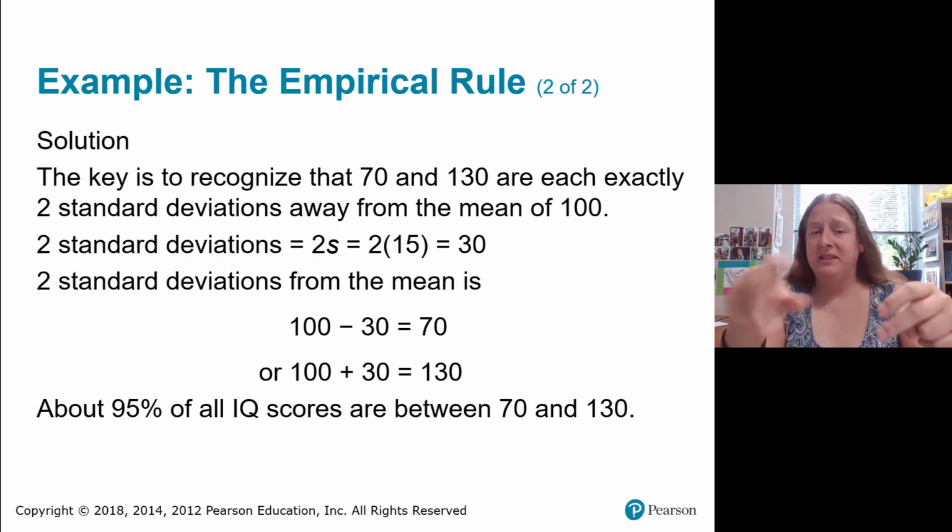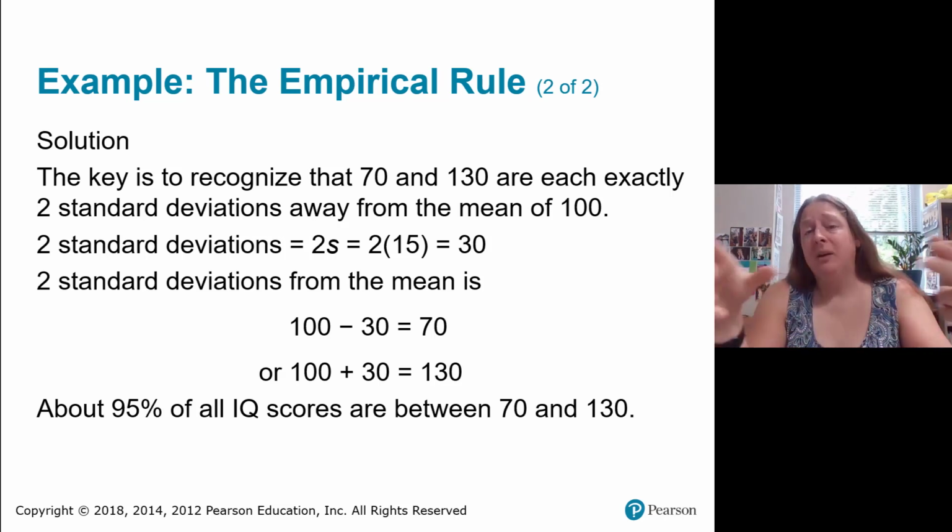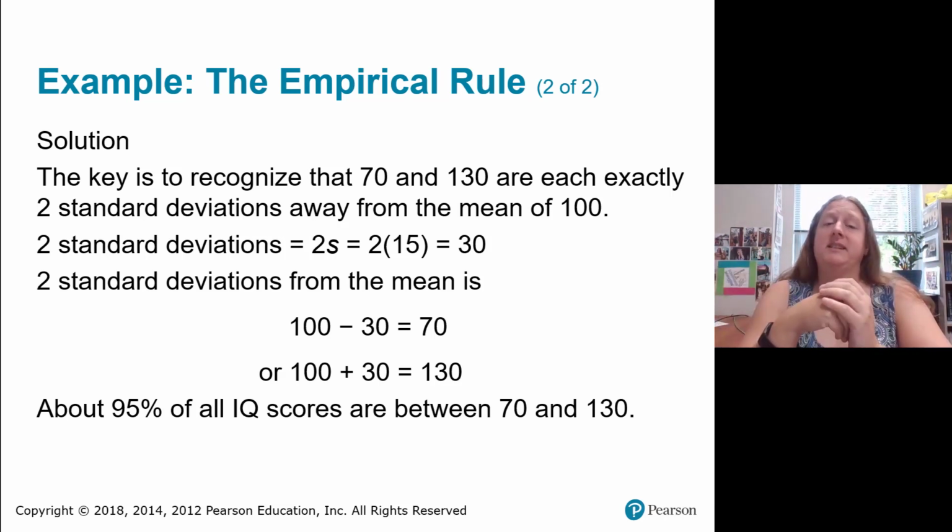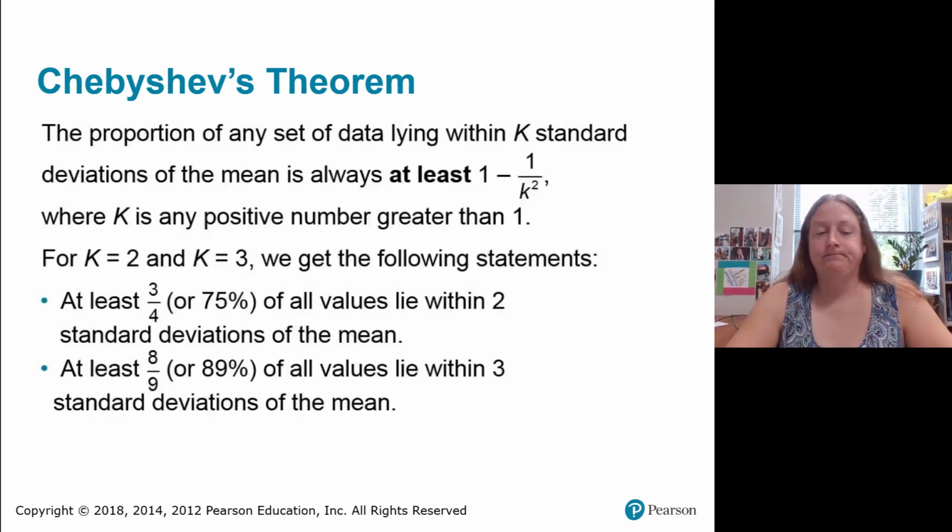Well, that's 2 copies of our standard deviation of 15. So they're 2 standard deviations away. And we know that 95% of data fall within 2 standard deviations of the mean. So about 95% of all IQ scores are going to be between 70 and 130.